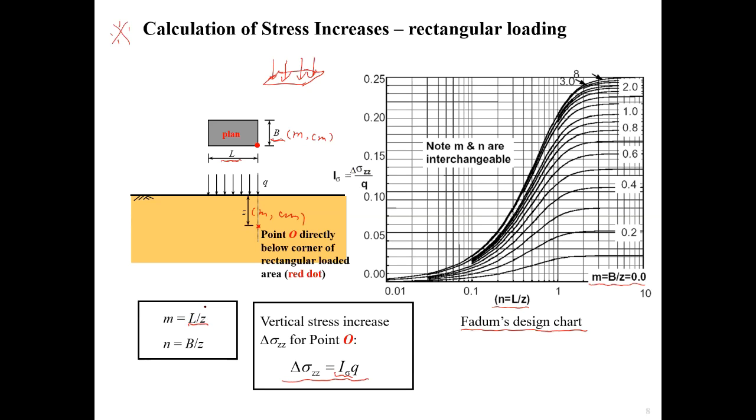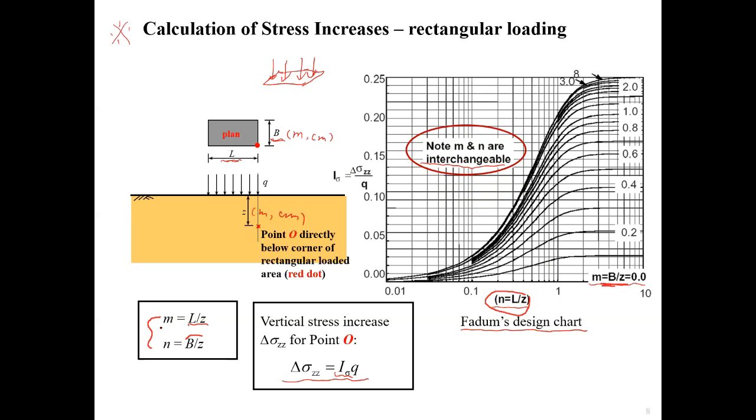Sorry, sir. Over here we have an equation where M equals L over Z and N equals B over Z, but the chart says N equals L over Z and M equals B over Z. That's a good question. You just match up your computed M and N, go to the appropriate line and interpolate your value for the influence factor. This is important: M and N are interchangeable.